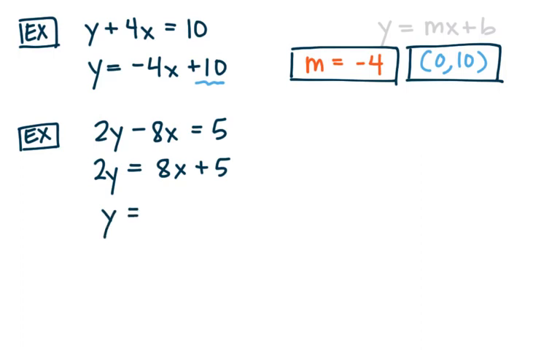That gives me y equals 8 divided by 2 is 4x, and then plus 5 divided by 2. In this situation, my slope, m, is +4. And for my y-intercept, don't forget when you're dividing by 2, everything on the right side gets divided by 2, so that becomes 5/2. We have a y-intercept of 0, 5/2.